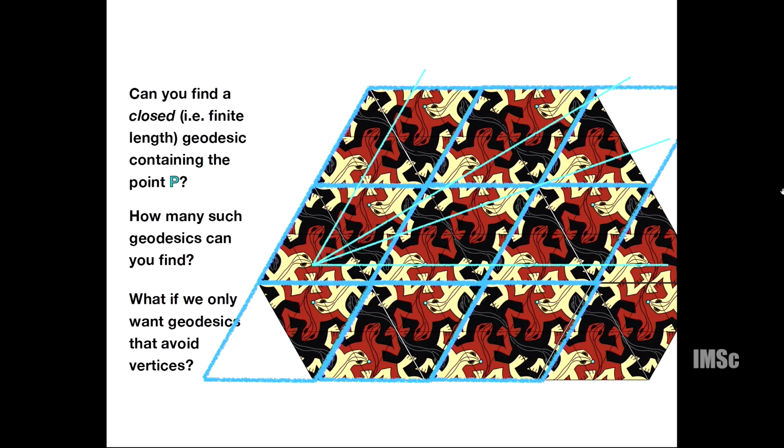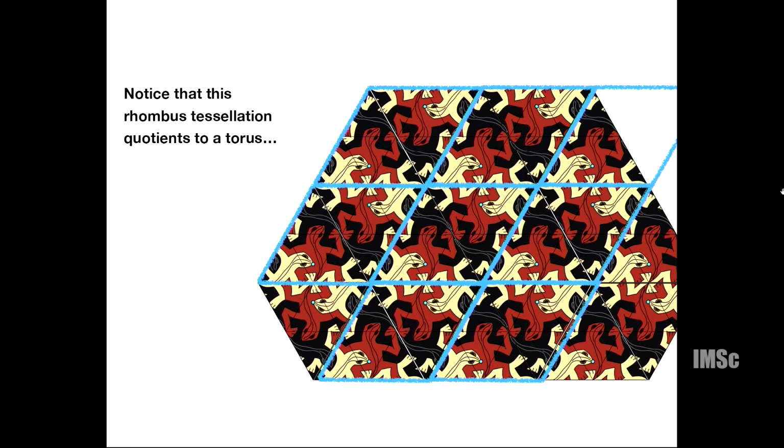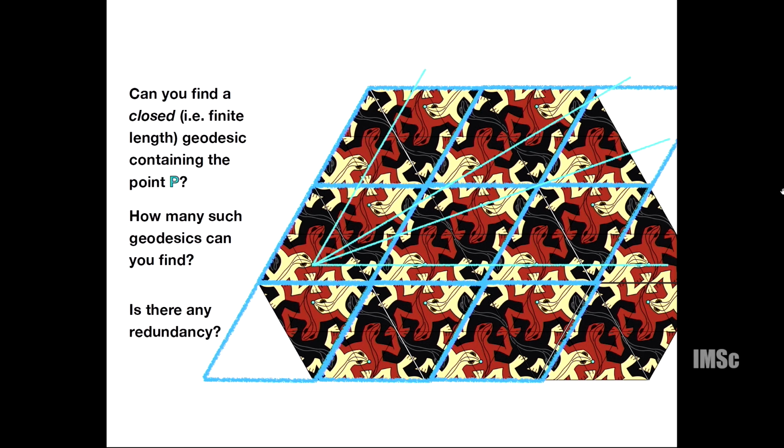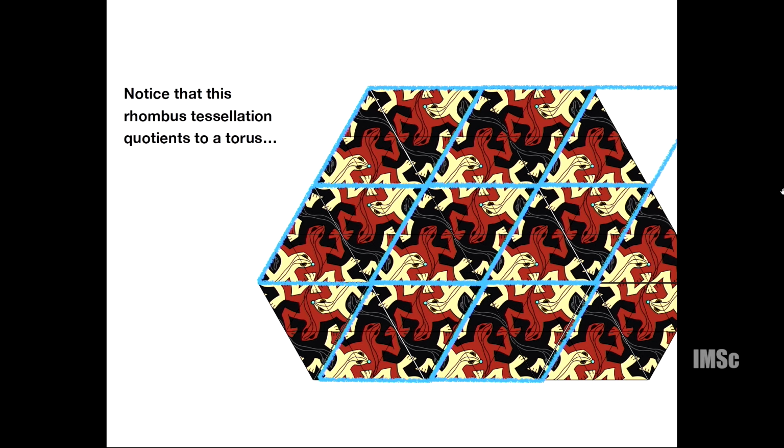All of these other ones that connect this nose to these rotated noses are going to hit a vertex. So something very funny is going on, and it's related to something deeper, which I'll end with. By the way, there is some redundancy here. These are all the same, but we won't worry about that right now.